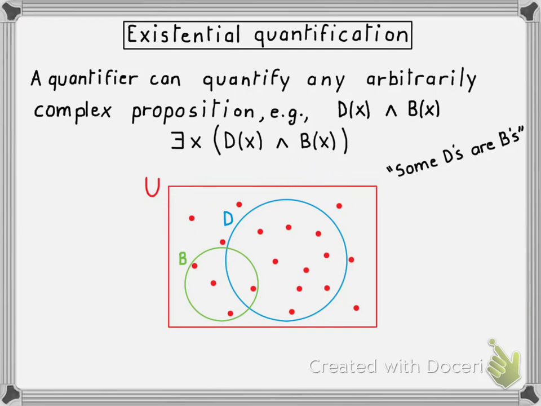Notice in particular, it would have been wrong to draw the circle B completely inside the circle for D, as we did for the other example in the previous segment. Because what that would have meant was that everything that's black is also a dog. But that is not part of the meaning of this proposition.